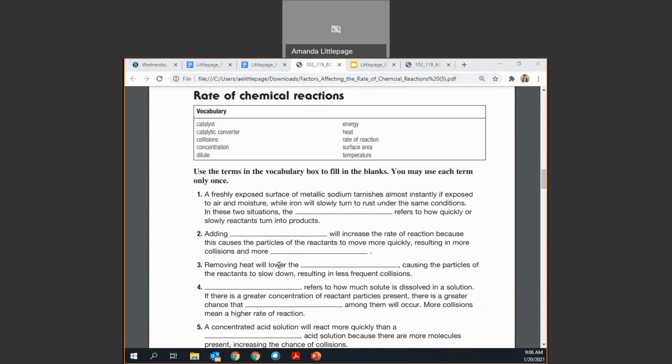Number 1, a freshly exposed surface of metallic sodium tarnishes almost instantly if exposed to air and moisture, while iron slowly turns to rust under the same conditions. This situation is known as the rate of reaction, and it refers to how quickly or slowly reactants turn into products. So, rate of reaction for number 1.